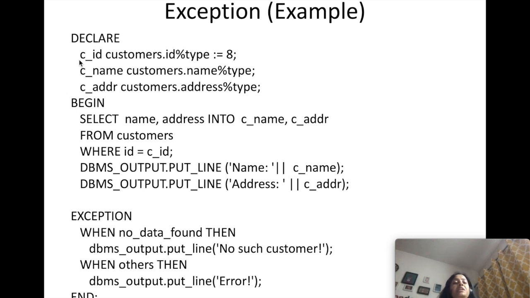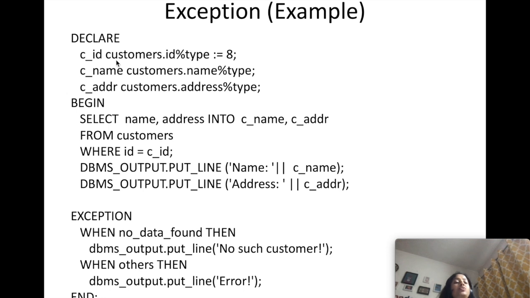Now, in this particular example, we have cid customers.id%type := 8. What is the meaning of this statement? We have taken a variable cid which has the same data type as the id column of the customers table, and it is initialized to 8.